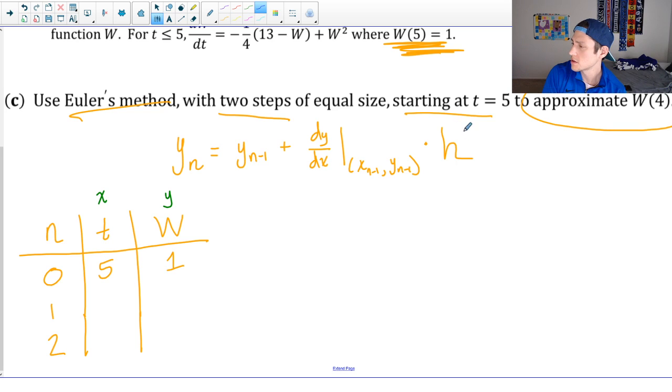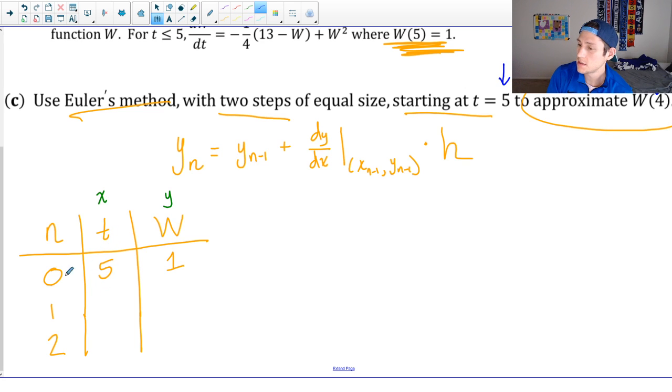I guess I should also determine what h is. So t is starting at 5, and we are going to reach 4. To go from 5 to 4 in 2 equal steps, we should be going by halves.